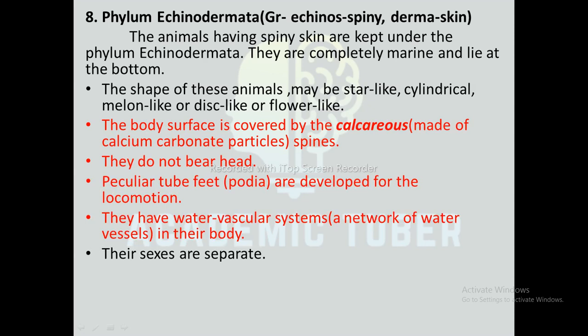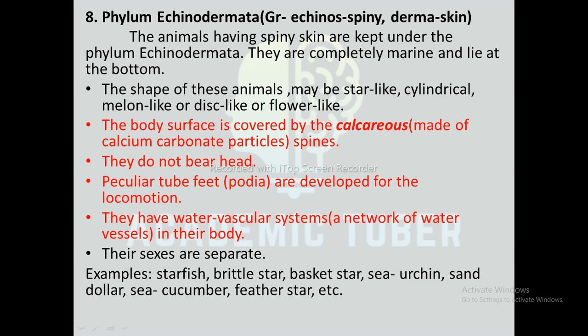Peculiar tube feet are developed for locomotion. They have a water vascular system in their body and their sexes are separate. Examples are starfish, brittle star, basket star, sea urchin, sand dollar, sea cucumber, feather star, etc.